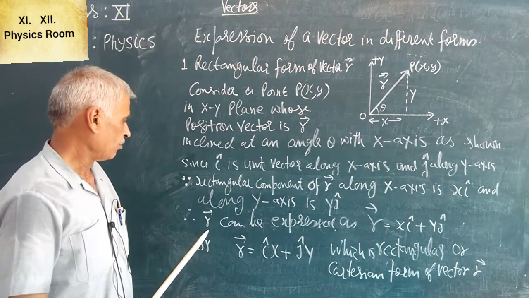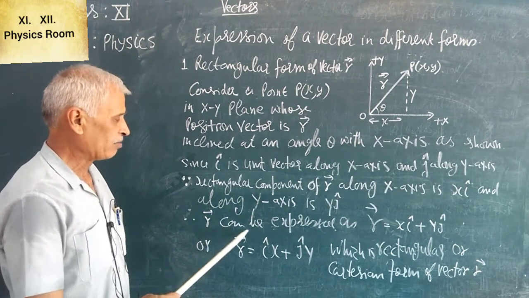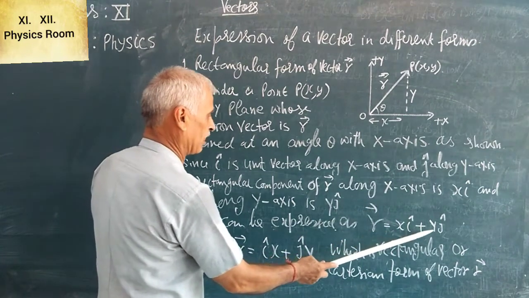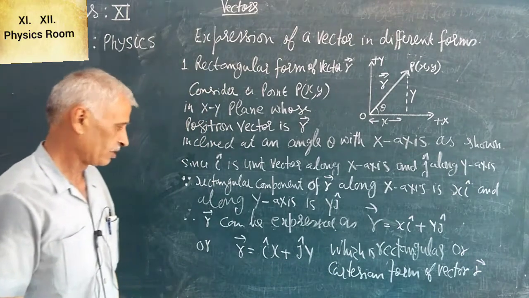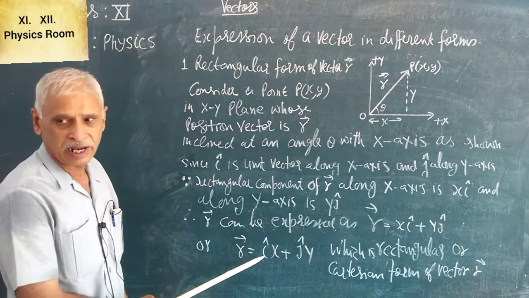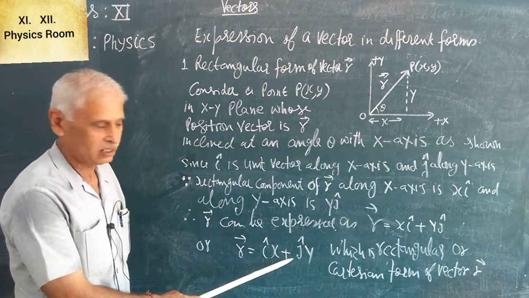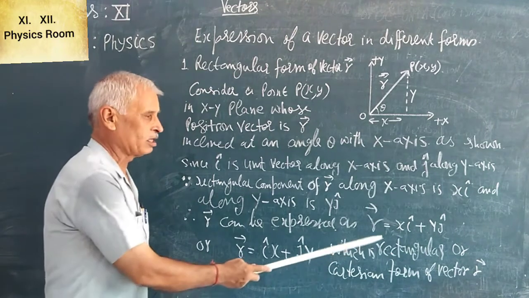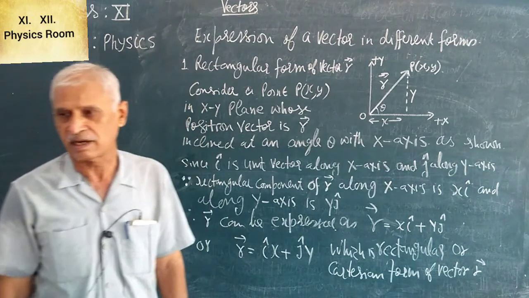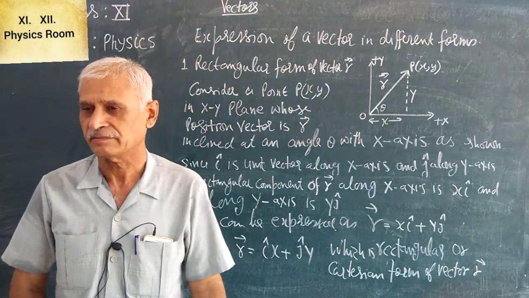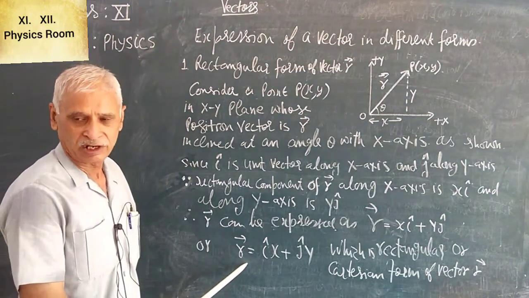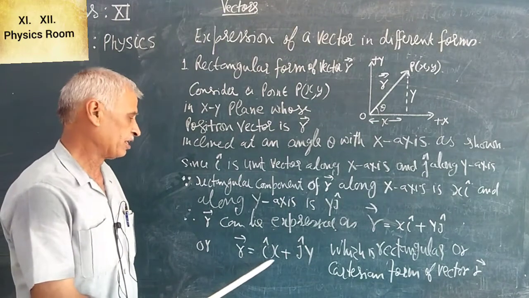Therefore, vector r is equal to x i cap plus y j cap, or we can write vector r is equal to i cap x plus j cap y, which is the rectangular or sometimes called Cartesian form of vector r. So this is how we can express a vector in rectangular form.